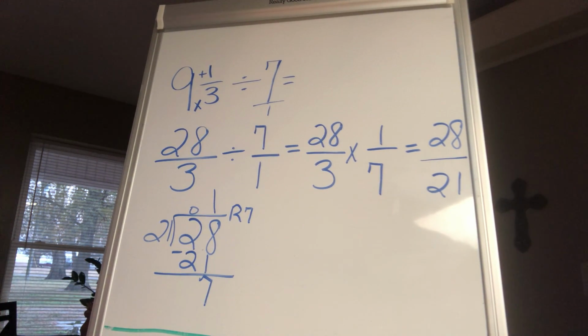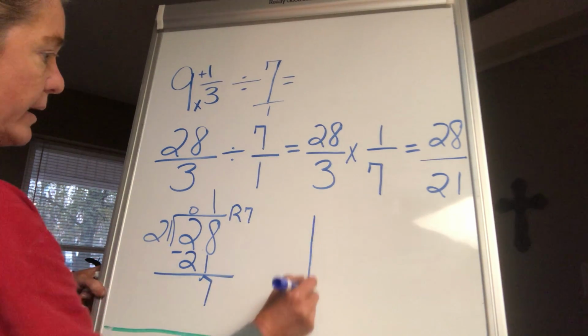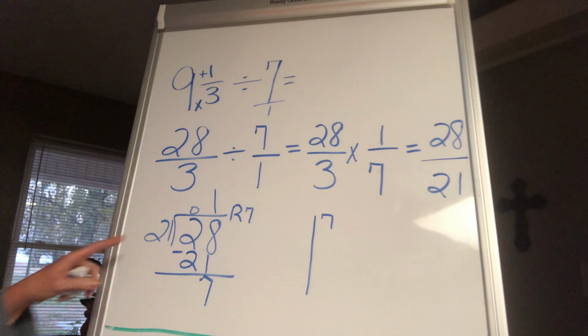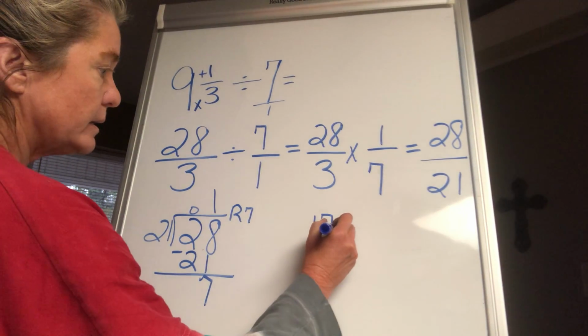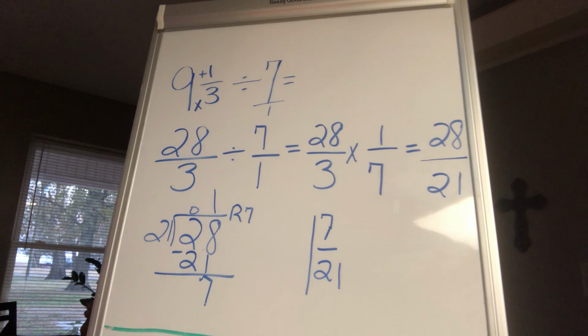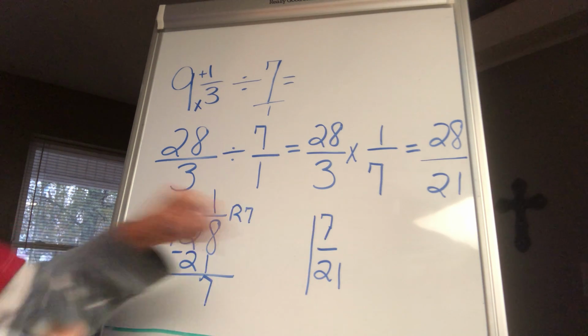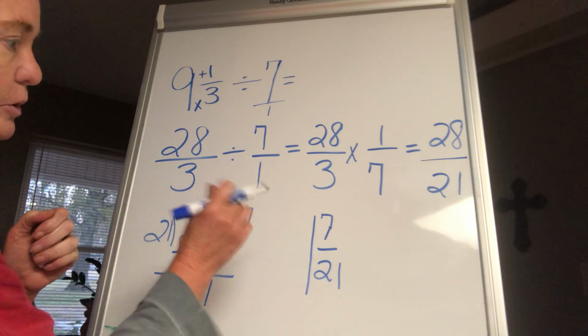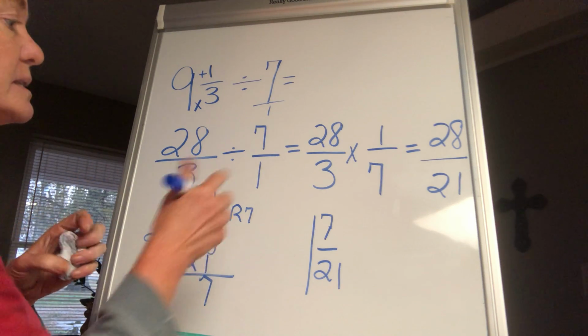So now I know that I have 1 whole pound with 7 left over, and we were dealing in 21sts. So each is 1 and 7/21 pounds. Now, let's look at that and see, is there anything that we can divide both of these by and get a lower number with no remainder? Okay, 2 doesn't go into 7 or 3. Let's see, 7.